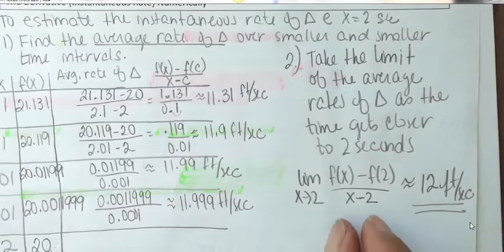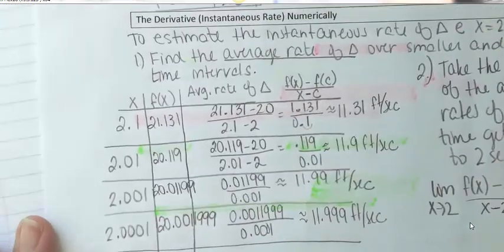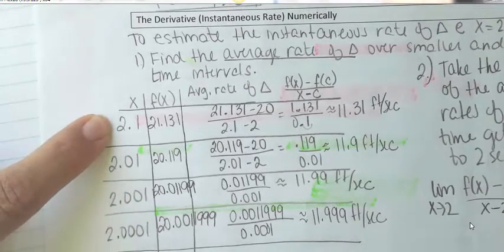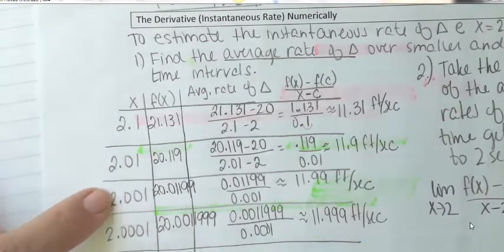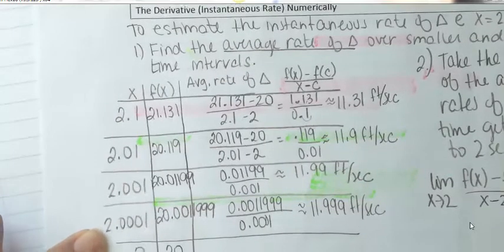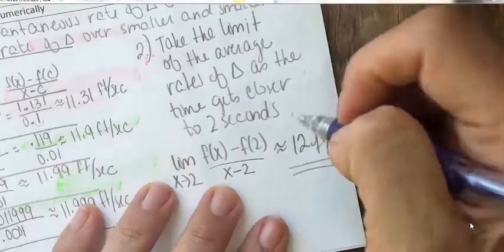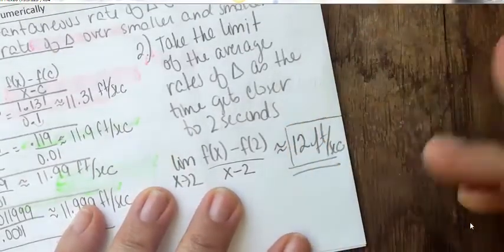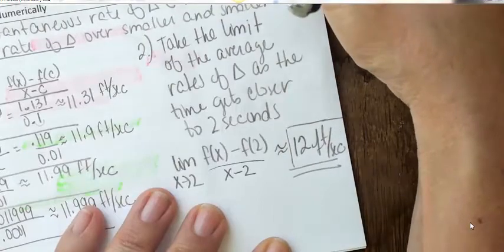Or in other words, as the change in time goes to 0. So notice, my change in time from 2 to all these different values kept getting smaller and smaller, meaning it was going to 0. Okay, so this is my final answer for estimating numerically the derivative or the instantaneous rate of change.